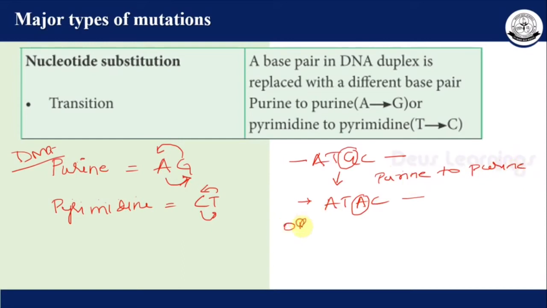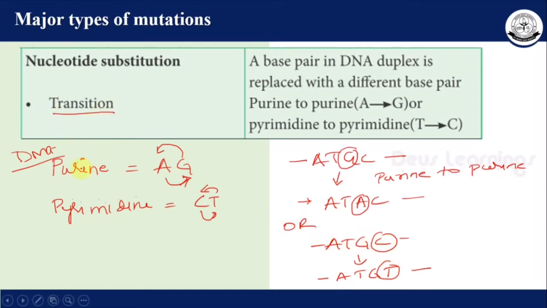Or let's take the same example, A, T, G and C. If it becomes A, T, G and T, for instance, C is replaced by T. If such things happen, that will be considered as transition.